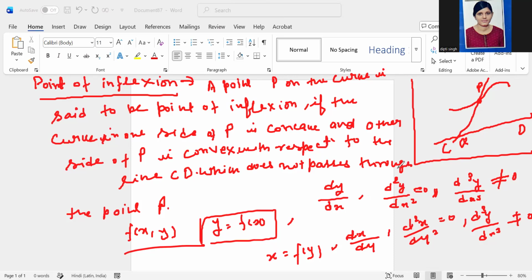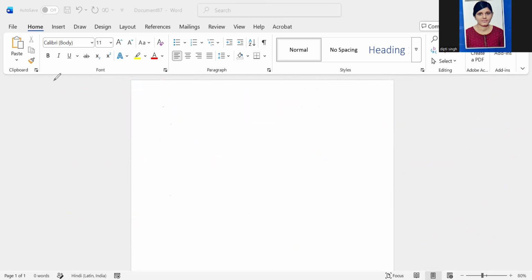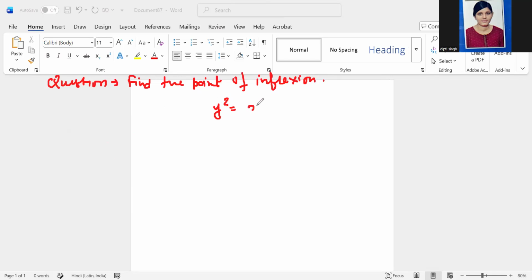So let us solve one question. Find the point of inflection of the curve y square equals x plus 1. Can we write this in the form of y?